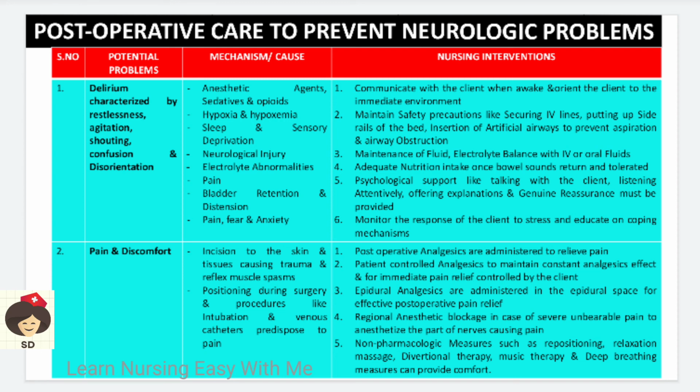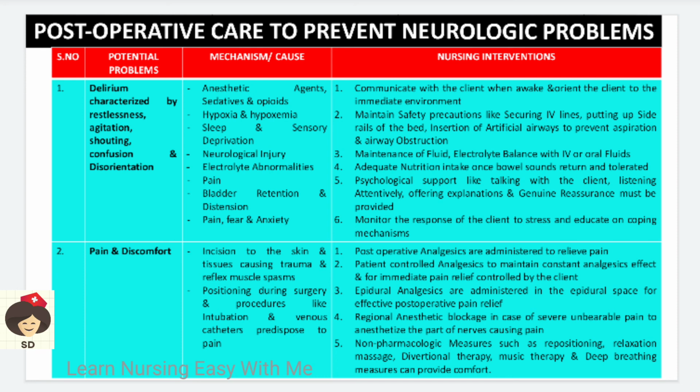And then there is pain and discomfort. This is also a main problem with post-operative patients because of trauma at the surgical site. For pain, morphine can be given, and nowadays patient controlled analgesia is available. This button will be given to the patient, so according to the pain he can control the analgesia. Epidural analgesics are also given, which have a sedative-like effect so that the patient will not feel the pain.